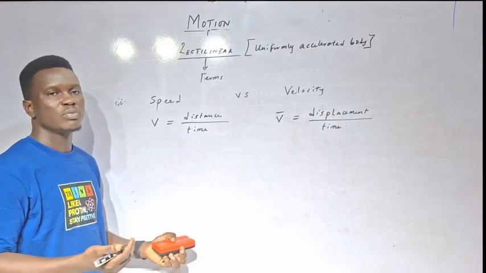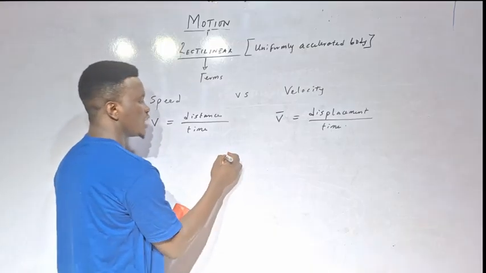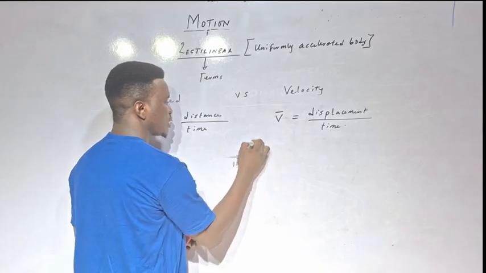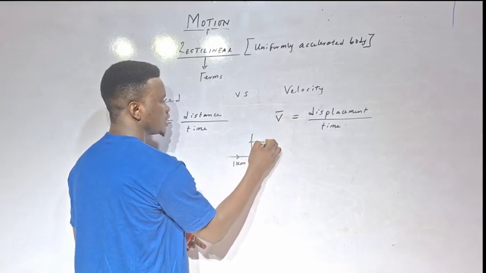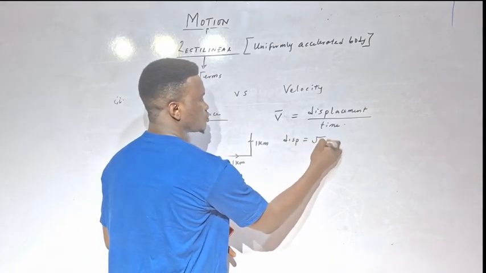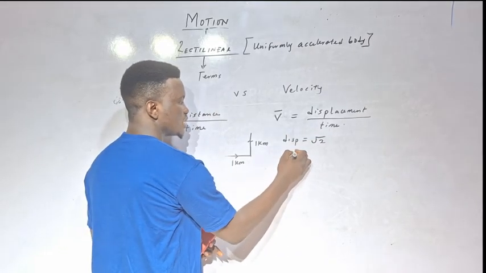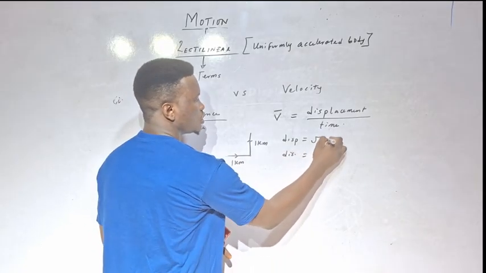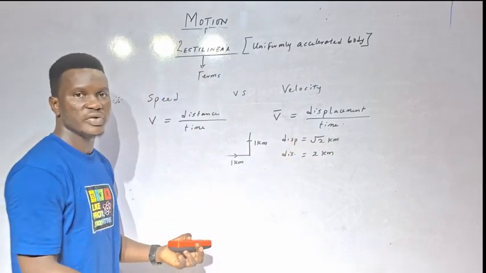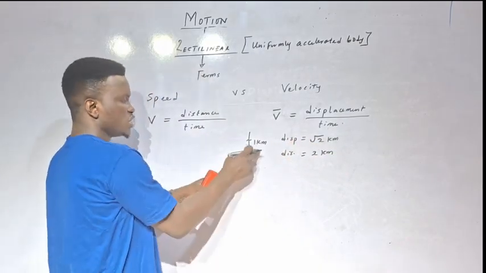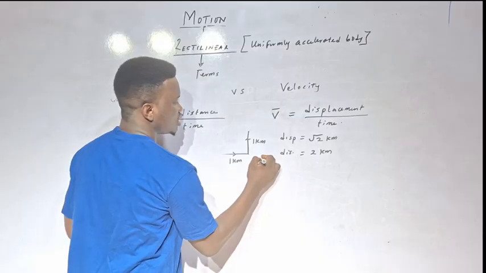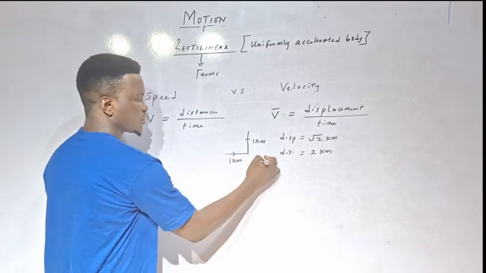Let's check that example I gave the other time. Let's say that a body moves 1 kilometer east, then 1 kilometer north. Now we say that the displacement of this body is √2 kilometer, while the distance is 2 kilometer. So these values are different. If I now ask what is the speed at which this body is moving, if the total time taken is 2 seconds, just for example.